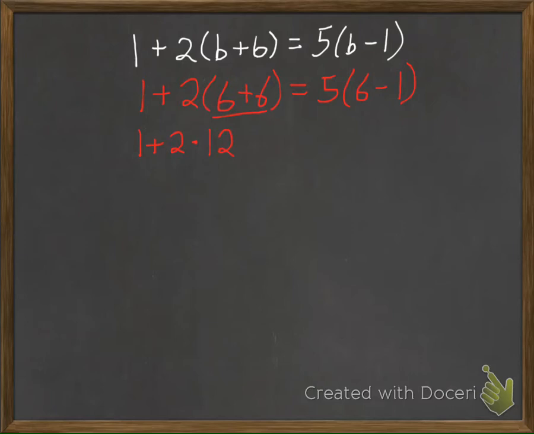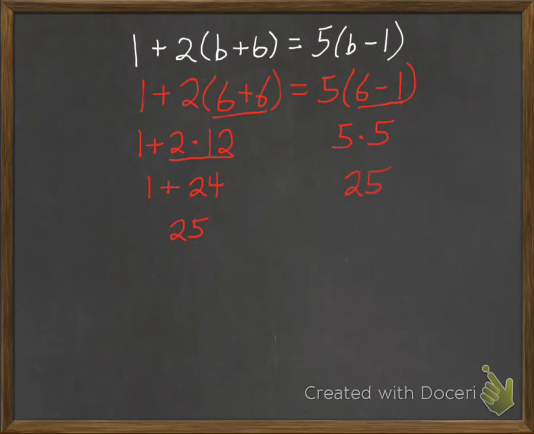And on the right-hand side, I get 5 times 5. On this side, I'm going to do multiplication before addition. So 2 times 12 is 24, but I still have to add 1 to that. And 1 plus 24 is 25. And on the right, I have 5 times 5, which is 25.